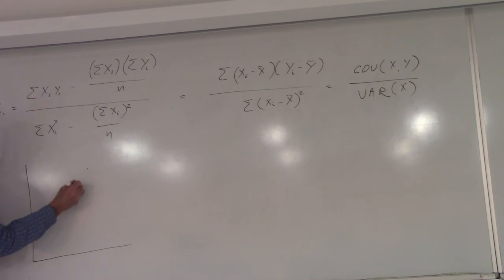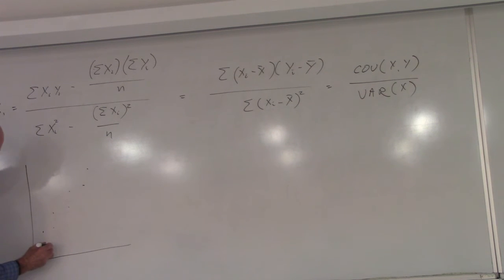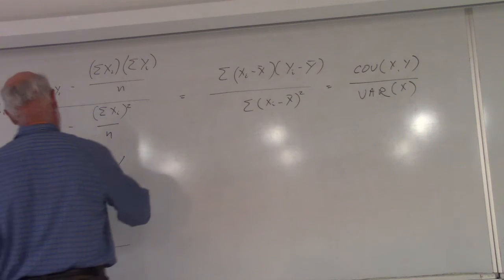So here we are. Here are our data points. And here's our perfect slope. The slope is perfect. All right, I'll bring this point down a little bit.